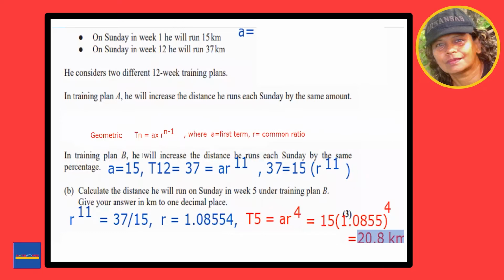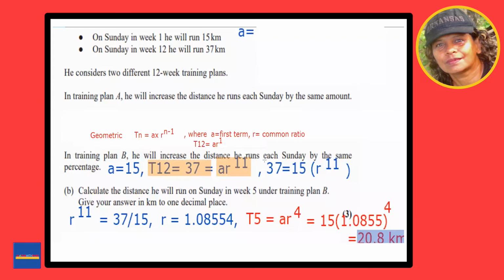So here we have T12, which is A times R to the power n minus 1, which is 11. T12 is 37, and 37 is A times R to the power 11.